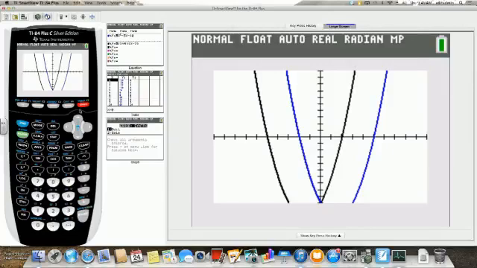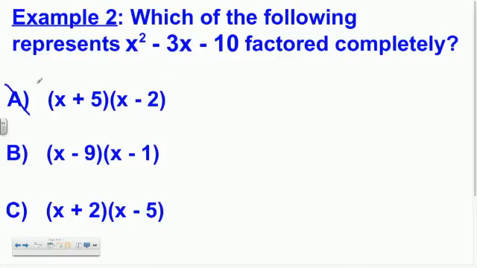Okay, so let's go back and check B. Let's see what the factors for B were. Let's look back at our problem. For B, let's go ahead and mark out A, because we know it's not A. For B, we have x minus 9, x minus 1. So let's see if those are the factors.